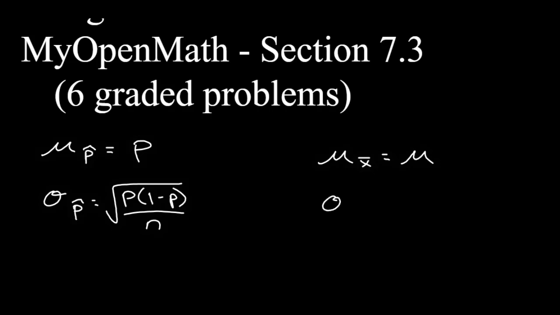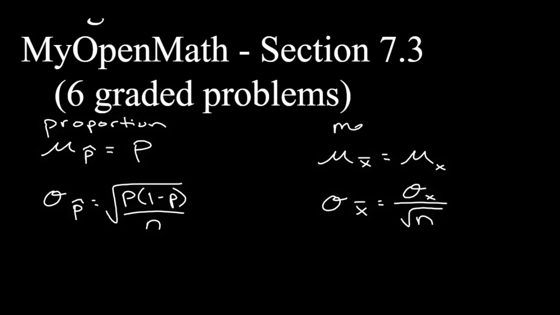And then the standard deviation of the sample means is that original standard deviation divided by the square root of n. So the sample size affects both of those, but you've got different formulas, so you've got to make sure you're keeping track. Are you dealing with a proportion? Or are you dealing with a sample mean? So keep track of those, and that will help you with this assignment.